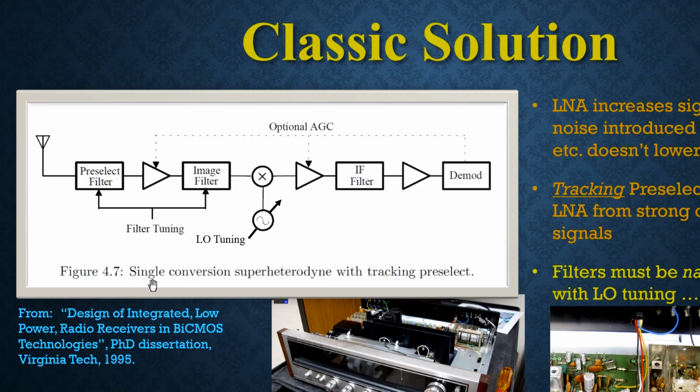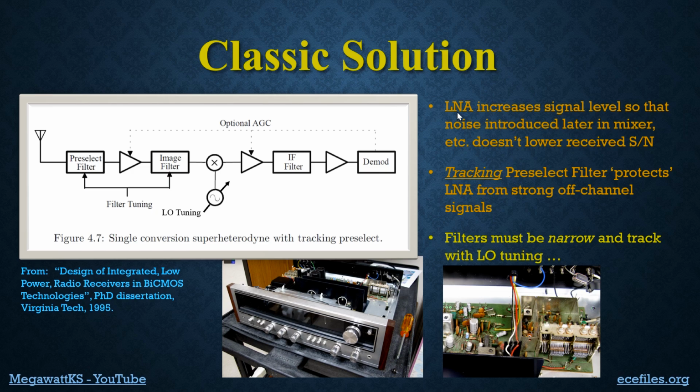So this old single conversion superheterodyne architecture is actually better than most of the radios today because it's able to protect the low noise amp and mitigate the intermod problem and allow us to get to signals that are closer to the noise floor. So to summarize all of that, the low noise amplifier is there to increase the signal level so that downstream components like this mixer and everything else that generally introduce lots more noise don't contribute much in comparison to an amplified signal.